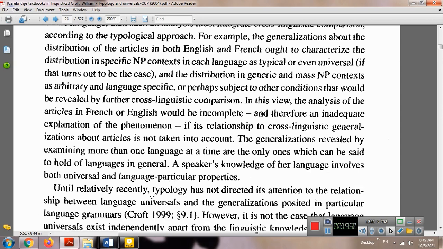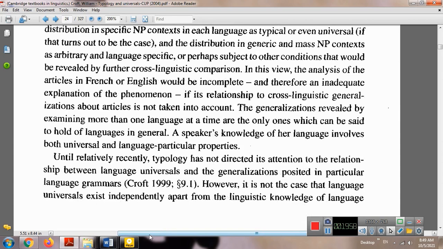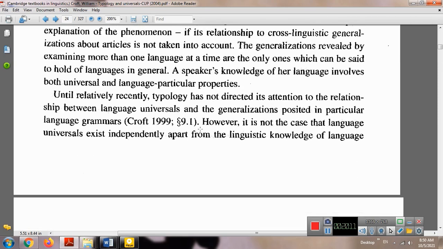The speaker's knowledge of her language involves both universal and language particular properties. Okay, all of us, as speakers of one language, we know both the universal and language particular properties.